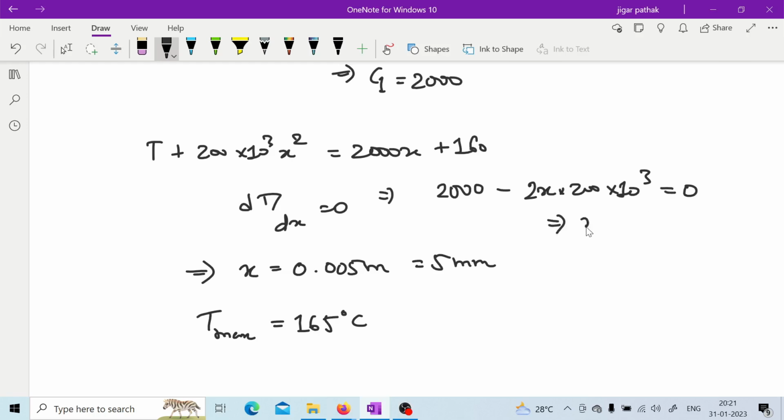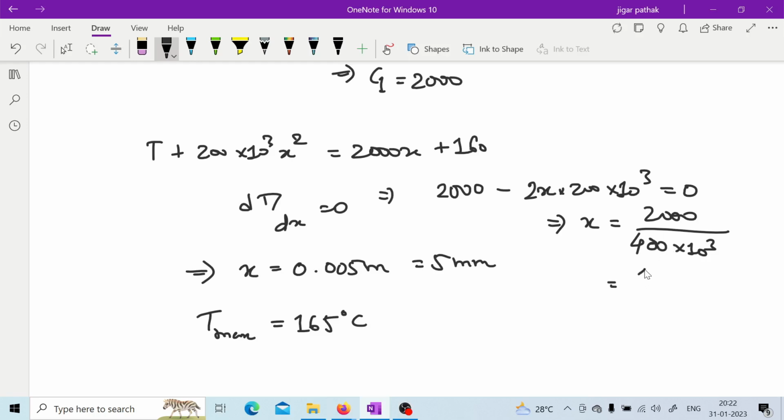So this will give x is equal to 2000 upon 400 into 10 raised to 3, it will be in the denominator, because this 2x term will go on the other side, and then it will be 2000 upon 400 into 10 raised to 3. Yes or no?